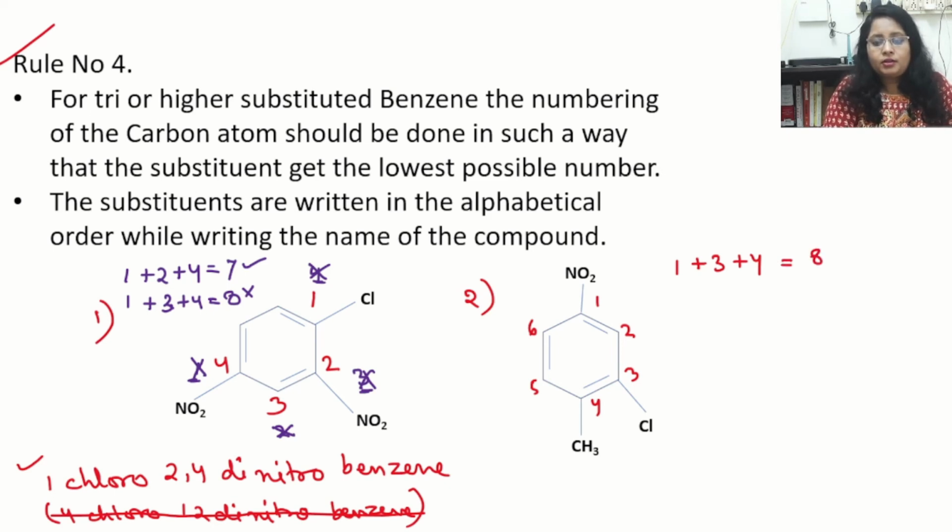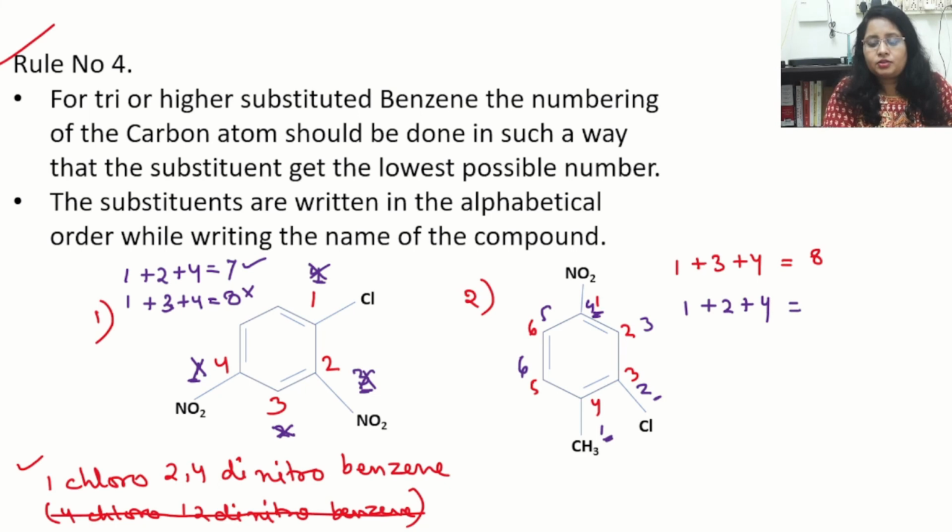And if we are doing numbering from here, from this substituent, let me change the color so that you will see it clearly. If we put 1 here, then 2, 3, 4, 5 and 6, then what should be the positions of the substituents? What will be the addition? It will be 1 plus 2 plus 4. See here, 1, 2 and 4.